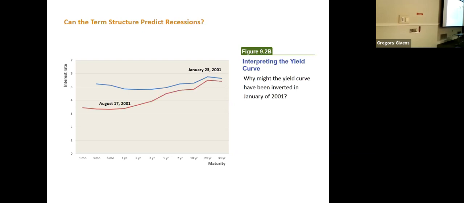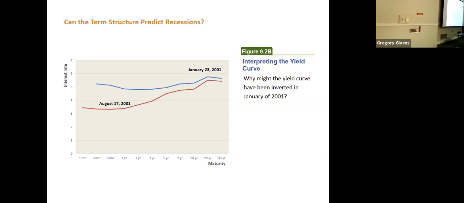So fast forward to August 17th of 2001. So about 8 months or so later, and what has happened? What's happened to short-term interest rates compared to January of 2001? They have gone down. There's been a shift in the yield curve down. So investors were correct.